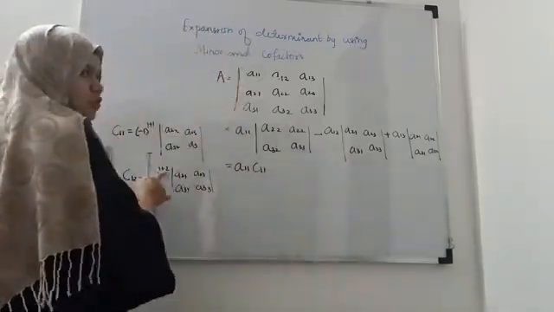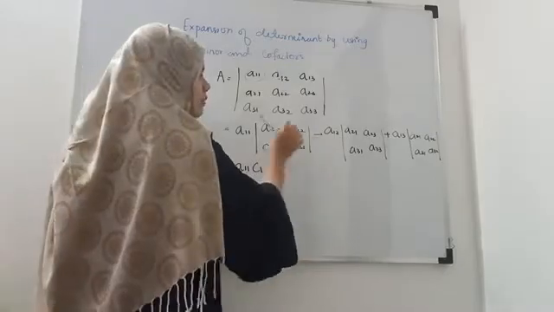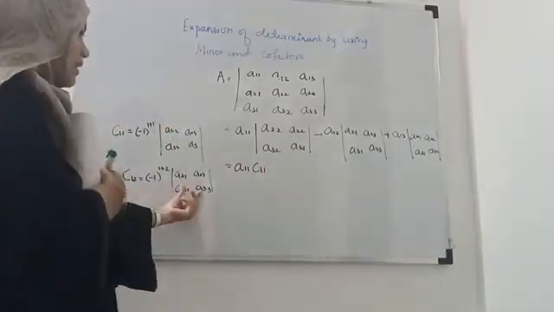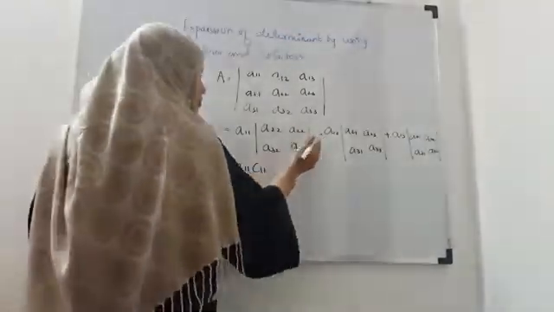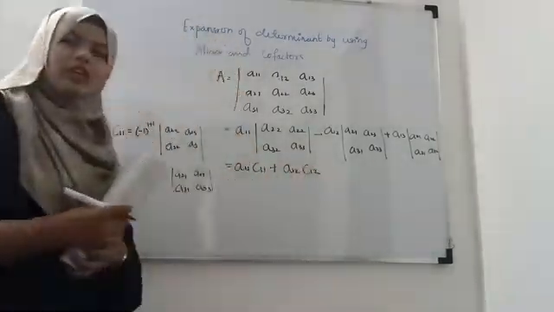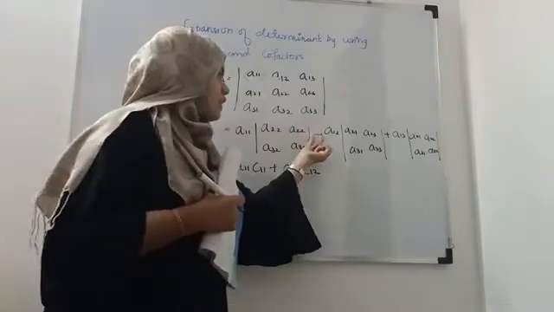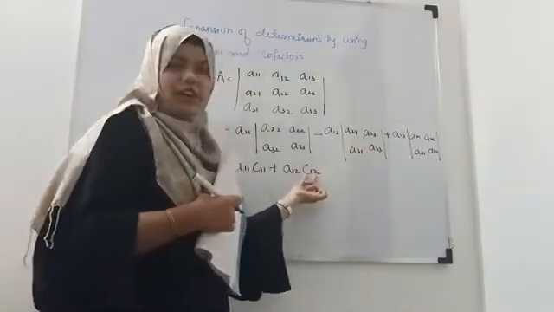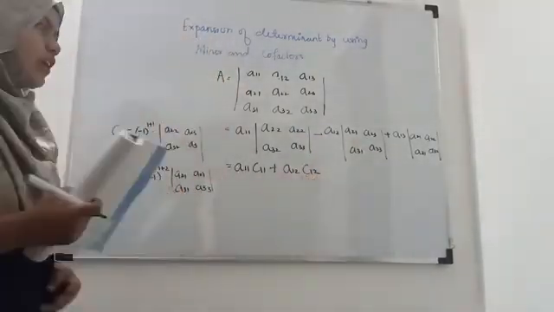Okay, minus 1 cubed, that is minus. So this sign and this minus sign are there, so minus will become plus: A12 times C12. Yes, we have written down this minus and this term as C12, because the formula of C12 is also the same, right?